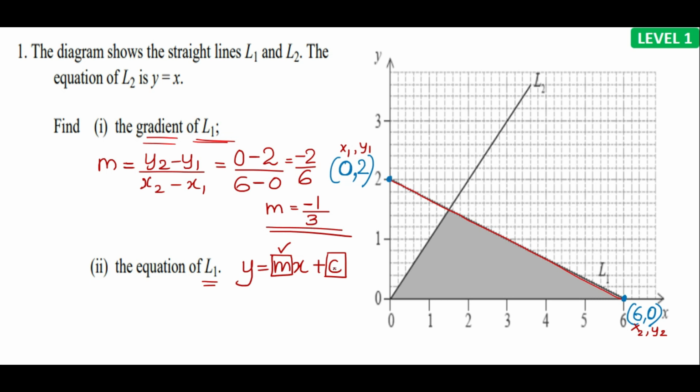The next part c is where the line L1 meets the y-axis. So you have the c here, this is the y-intercept. So c is equal to 2. So you can write y equals negative 1 over 3x plus 2. Moving on to the next question.